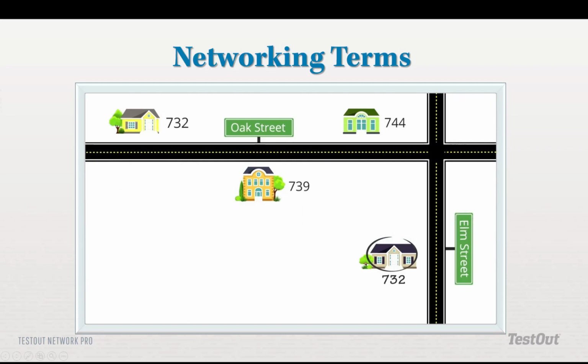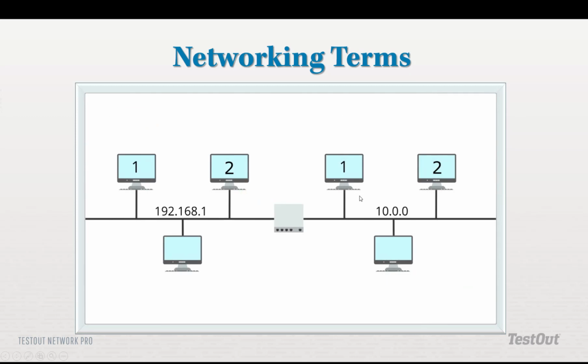This is two separate networks. So you can have a 732 and a 732 on the same network. It's not possible, but on separate networks you can. However, you cannot access this house from this network without what is called a router. You'll learn that more in upcoming videos. Now you notice that the IP scheme is different.